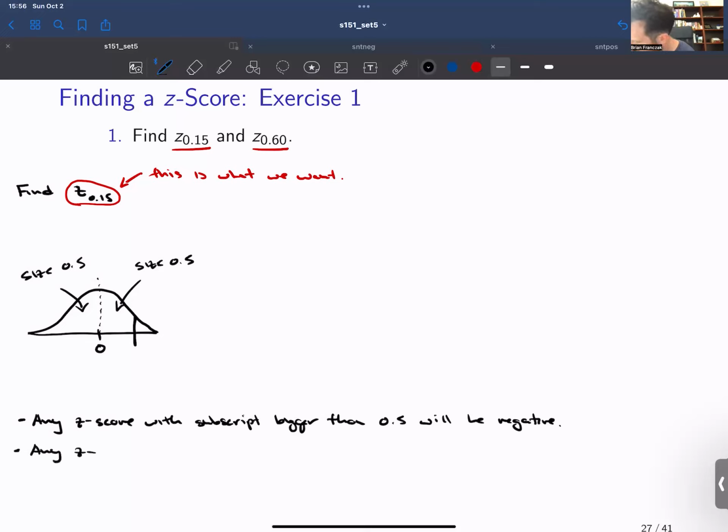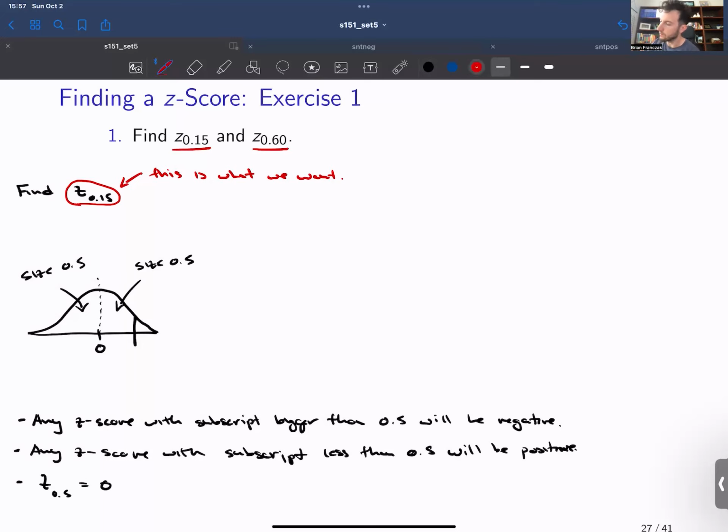And if the z-score has a subscript equal to 0.5, it's equal to 0. Okay. Z subscript 0.5 equals 0.